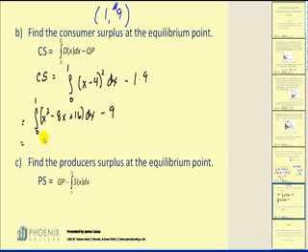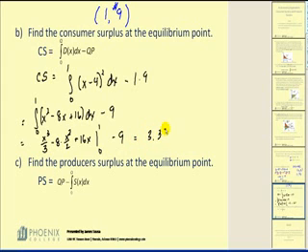Now we'll integrate. And we evaluate this at 0 and 1, and then subtract 9. To save a little bit of time, I've already done this, and we're going to get $3.33.